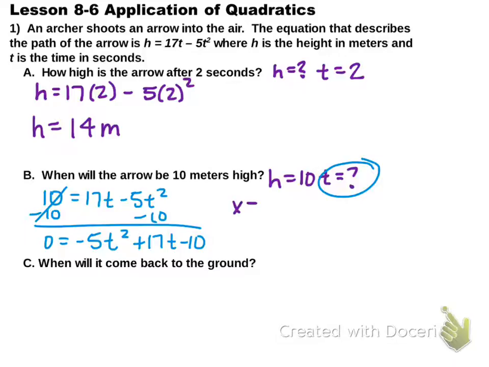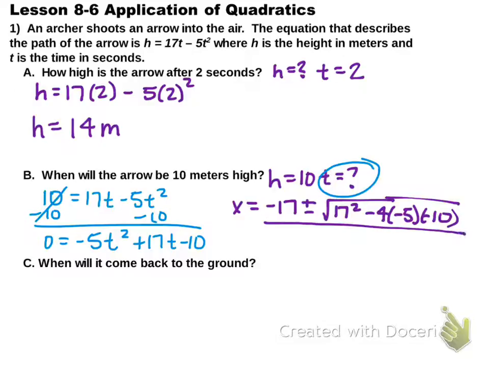So x is equal to negative 17 plus or minus the square root of 17 squared minus 4 times negative 5 times negative 10, divided by 2 times negative 5. A and C have the same sign. Let's look at our discriminant to see if we're going to have a solution. I do.